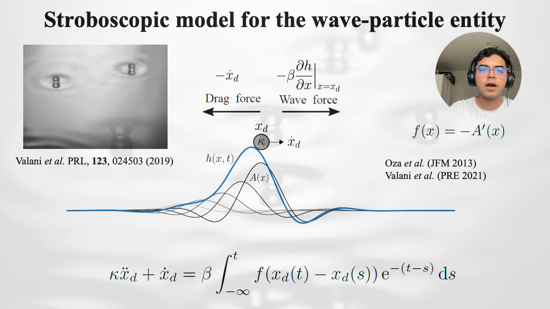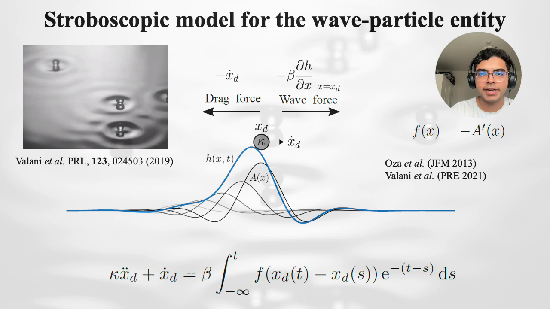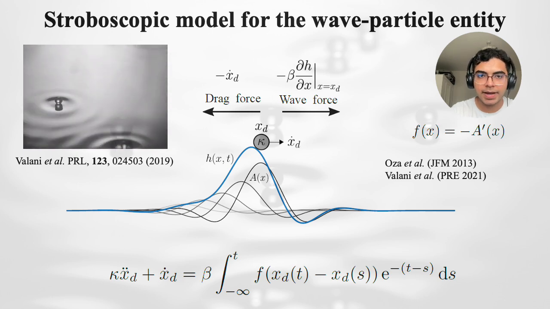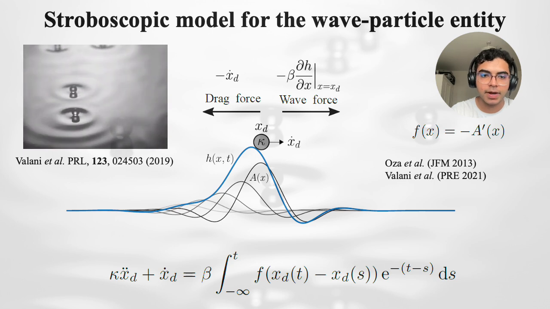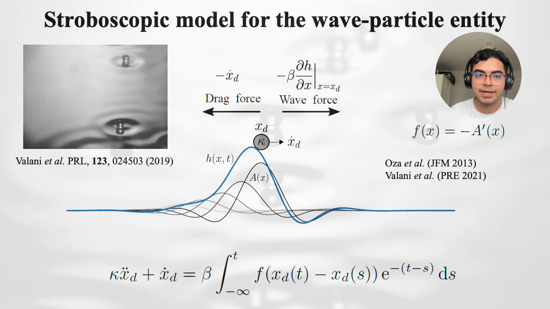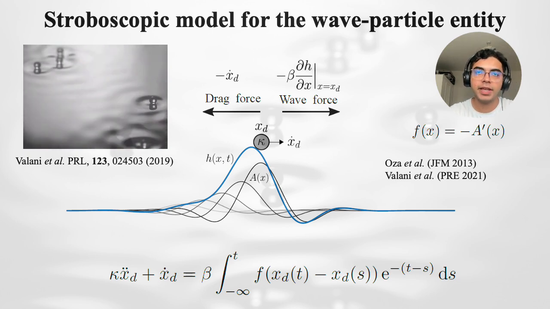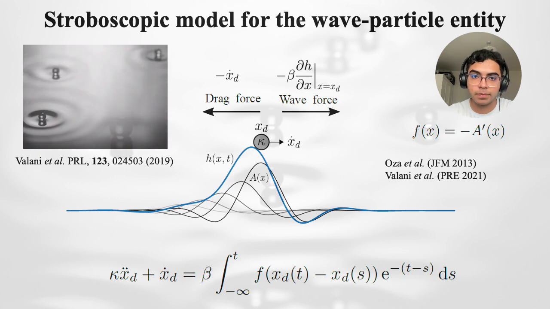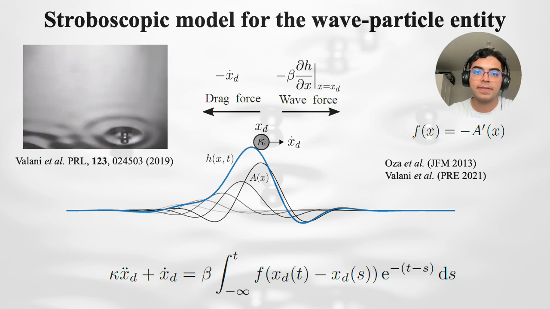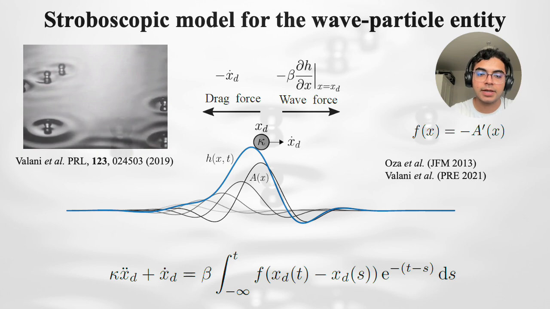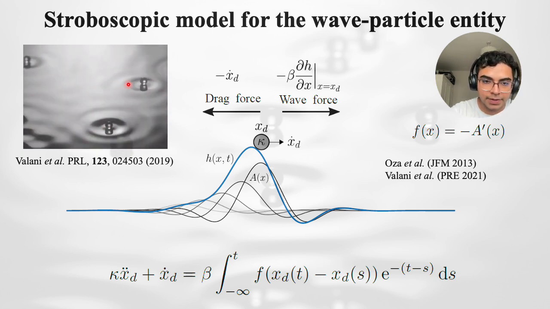Alright, so a simplified theoretical model that captures the key walking dynamics of these wave particle entities was first derived by Oza and colleagues in 2013, and it's called the stroboscopic model. Imagine that if we only capture one image of the droplet per bounce in experiments, then the motion of these droplets would look something like what you see in this video.